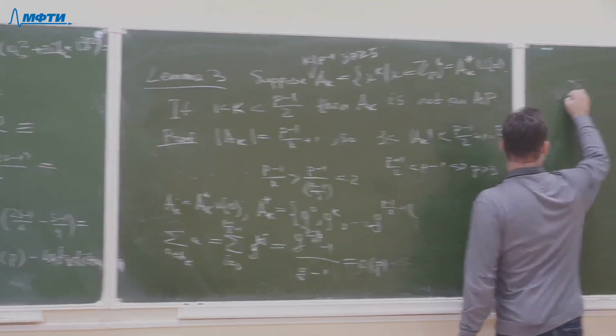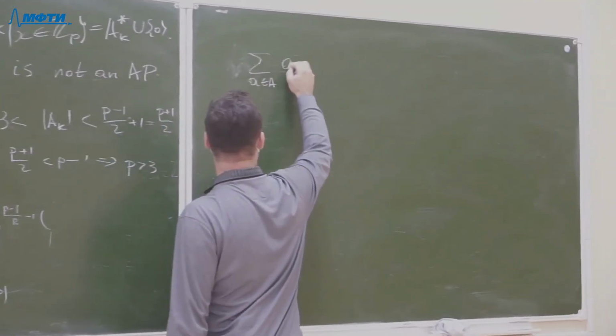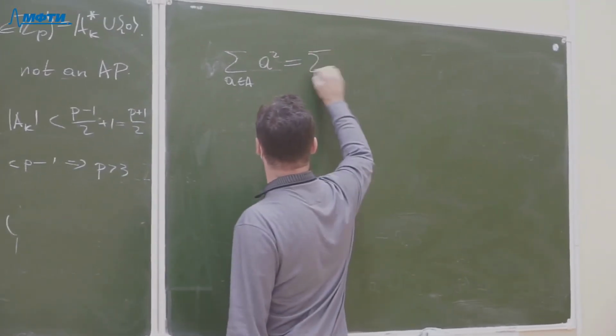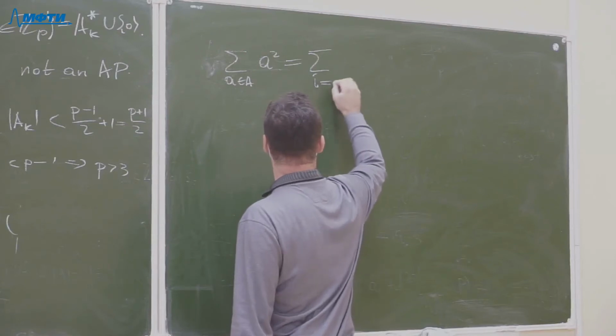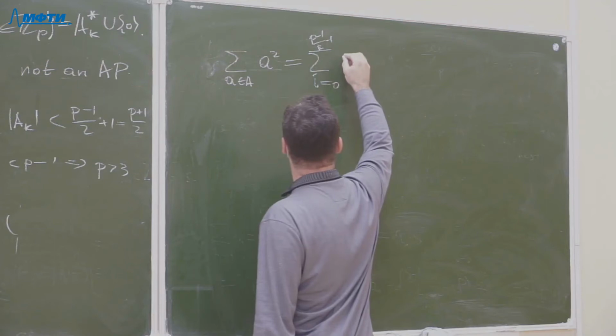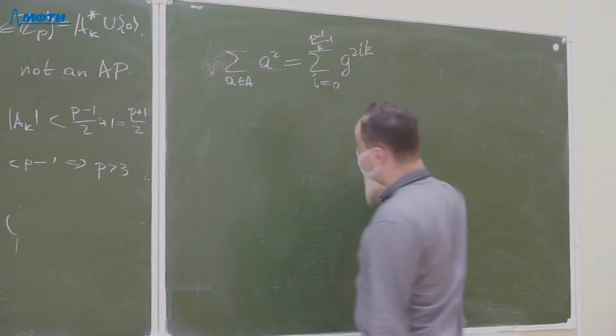Sum over a of a squared. This is the sum for i from 0 to (P-1)/K minus 1 of g^(2iK).